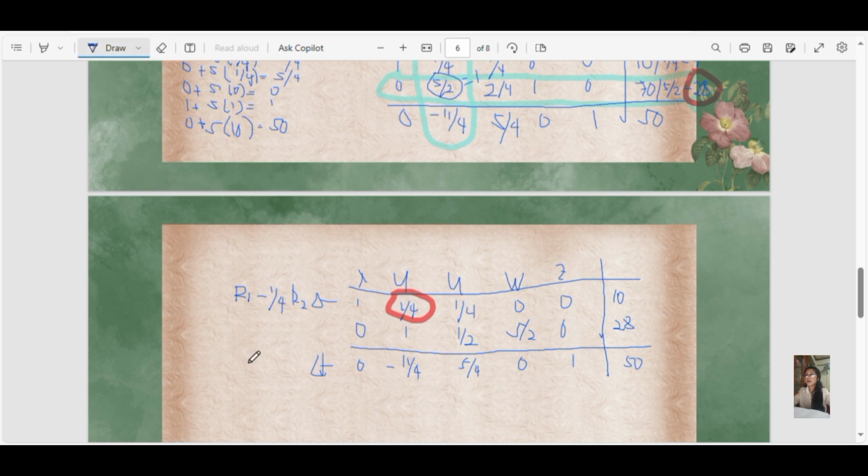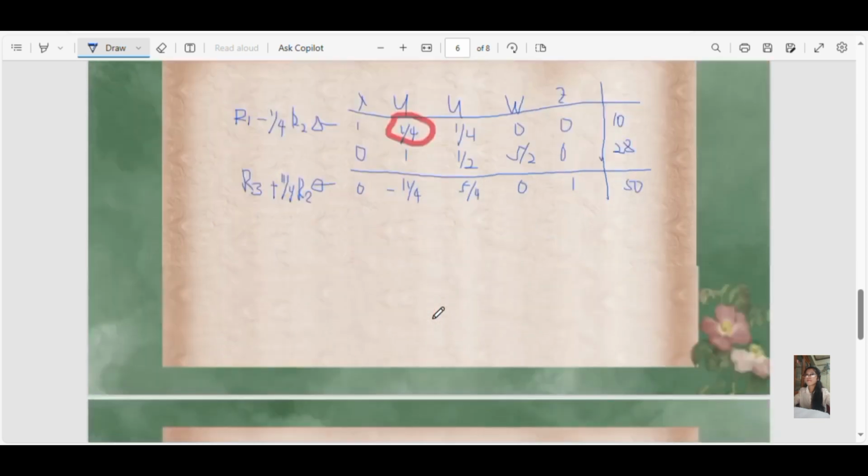For row 3, which is negative, we use the plus sign with R2.